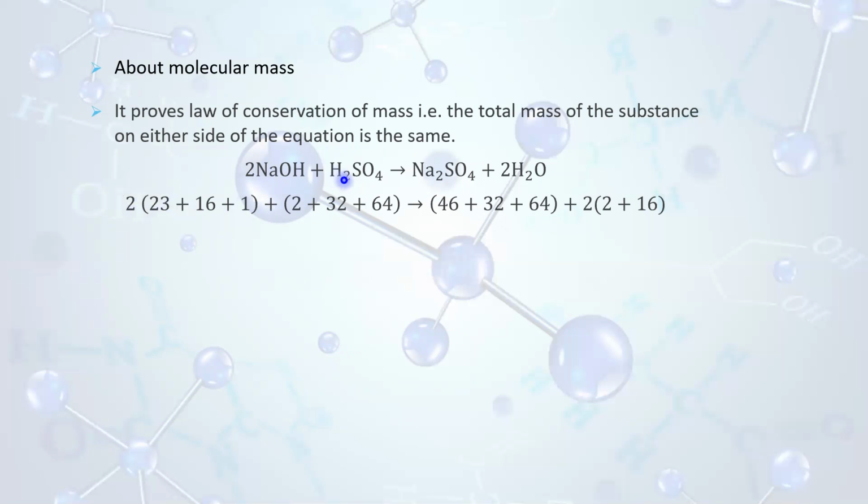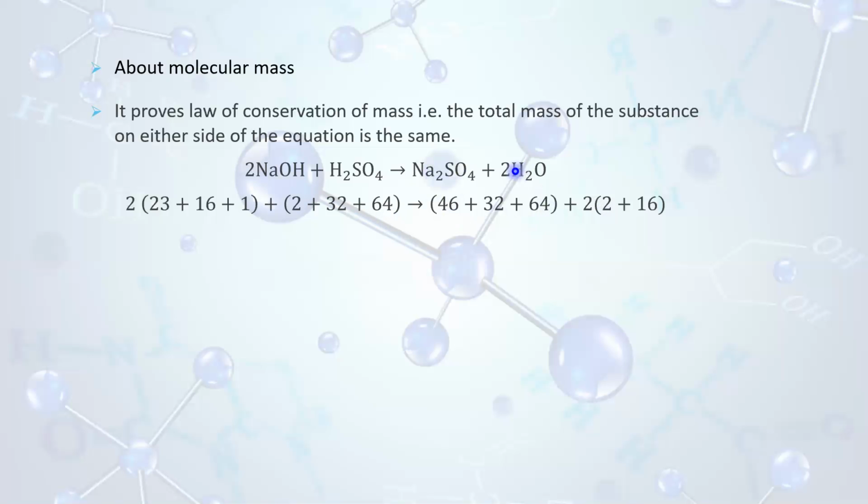Same here, H2SO4: 2 hydrogen atoms weigh 2 AMU, and for 1 atom of sulfur, 32, and for 4 oxygen atoms, that is 16 into 4, 64. Same here on the product side, 2 sodium atoms are there, so total 2 into 23, 46, 1 sulfur atom, 32, and for 4 oxygen atoms, it is 64.